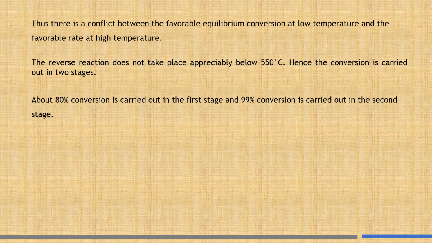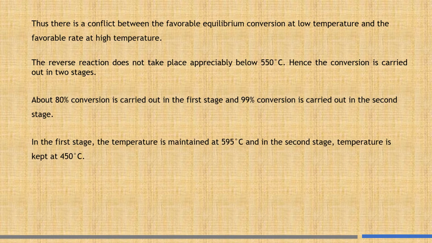Above 80% conversion is carried out in the first stage, and 99% conversion is carried out in the second stage. In the first stage, the temperature is maintained at 595 degrees Celsius, and in the second stage the temperature is kept at 450 degrees Celsius.